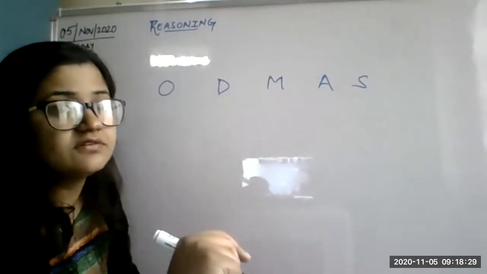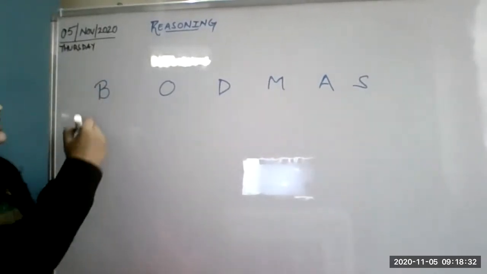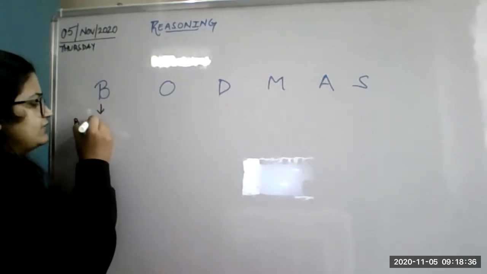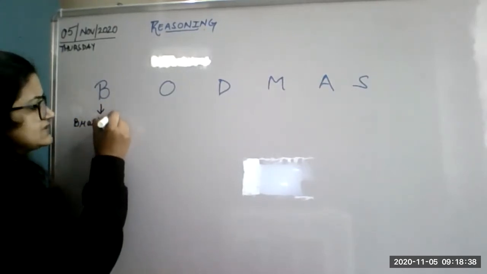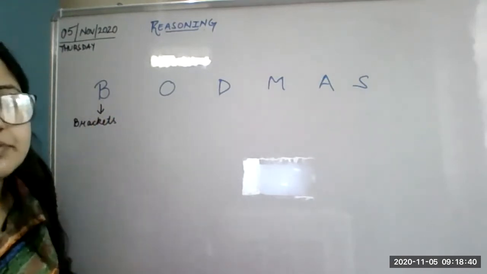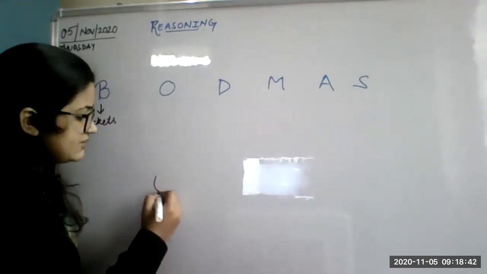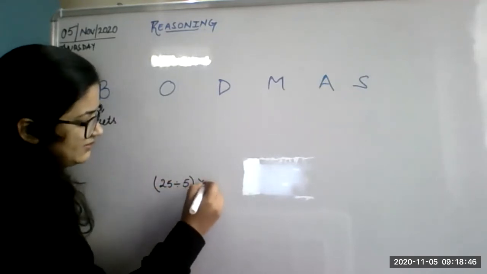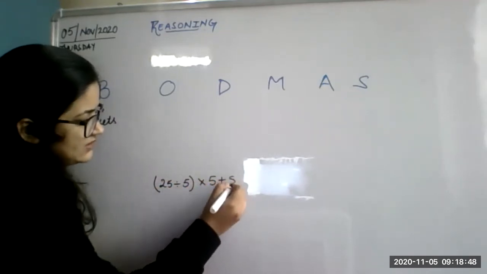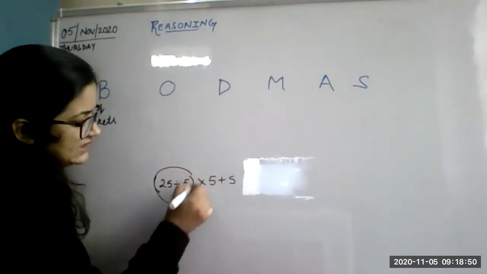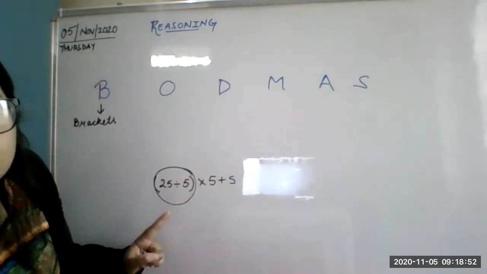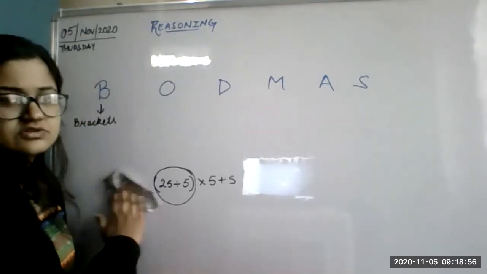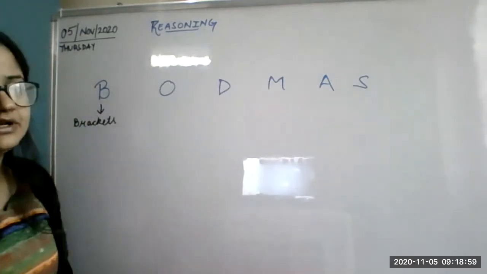We solve the brackets first. A bracket is also a part of mathematics. In 25 divided by 5 multiplied by 5 plus 5, first we will solve what is inside the bracket. But it is not in your syllabus as of now, so we are not going to pay attention to brackets.